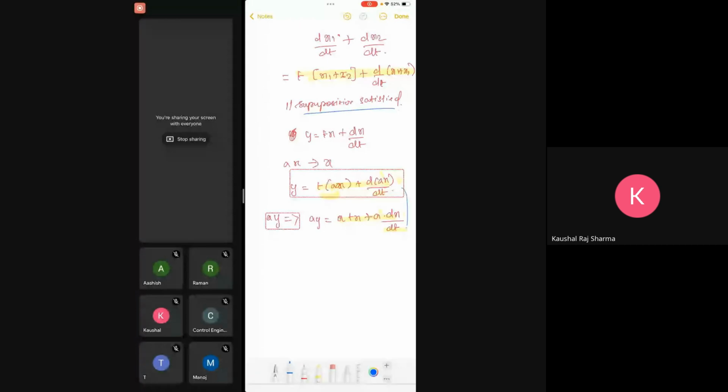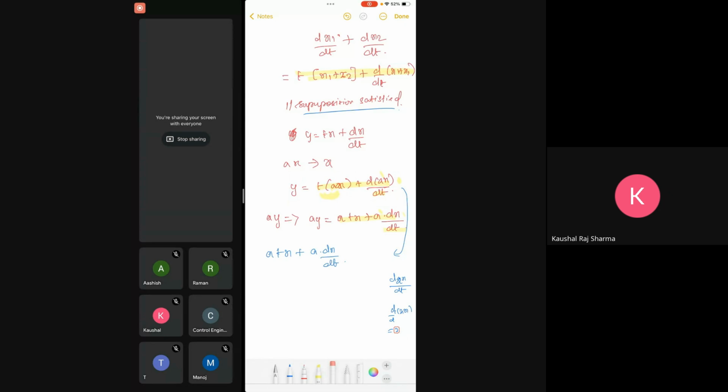If I try to expand this, it might become differentiation of ax. For example, a equal to 2, x by dt. This will be d by dt of 2x by dt. Right? Sorry, the x will not come here, only 2 will come.